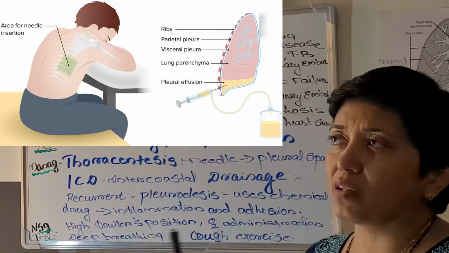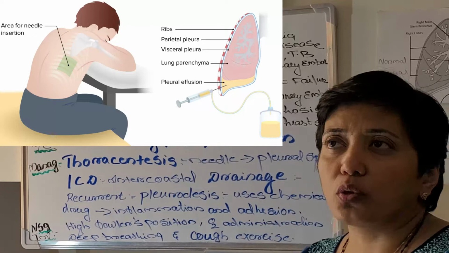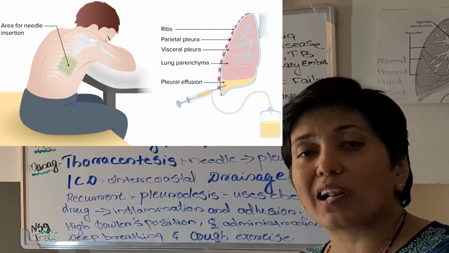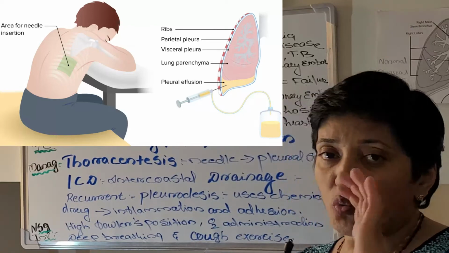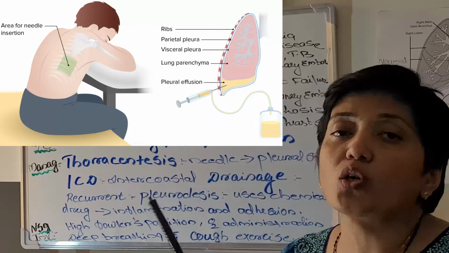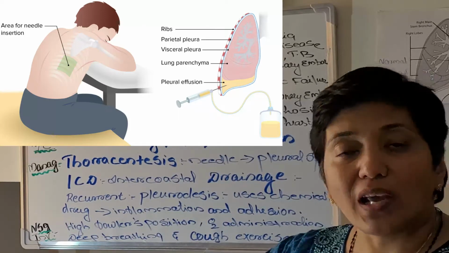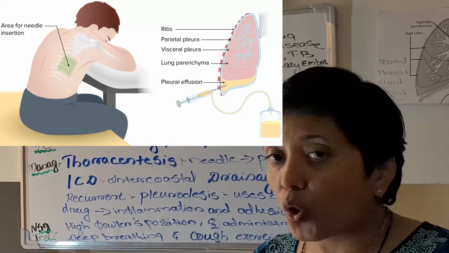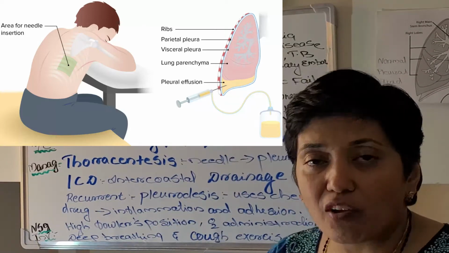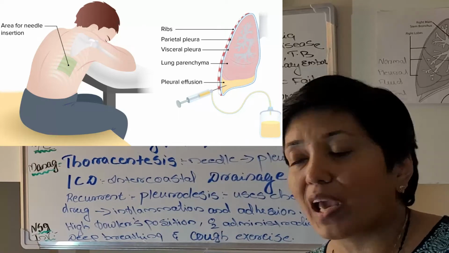Usually they say 8th or 9th intercostal space. In general, we have 12 ribs and 11 intercostal spaces. The needle is inserted in between the ribs, definitely into the intercostal space, so that this fluid can be drained out.